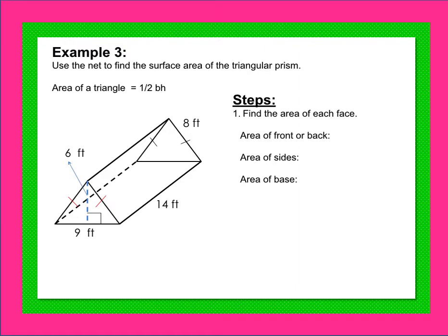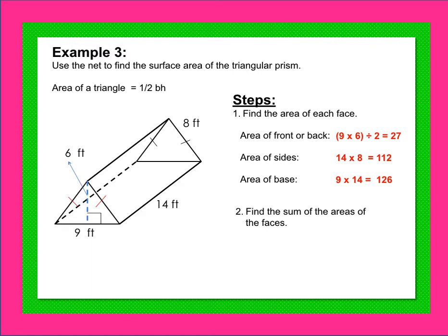Here are our steps. Let's find the area of the sides, the bases, and the front or backs. We have to add up all the areas, and we get 404 meters squared.